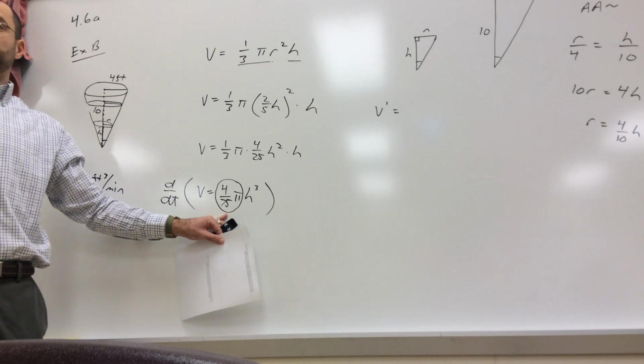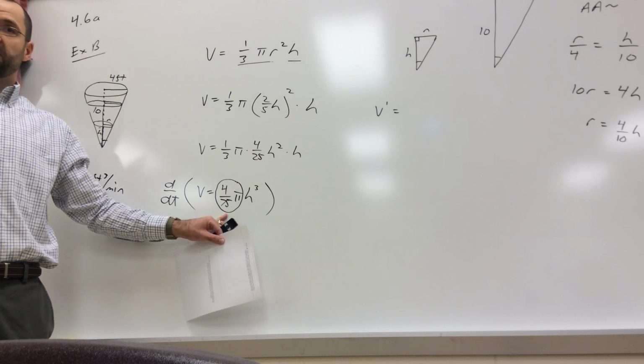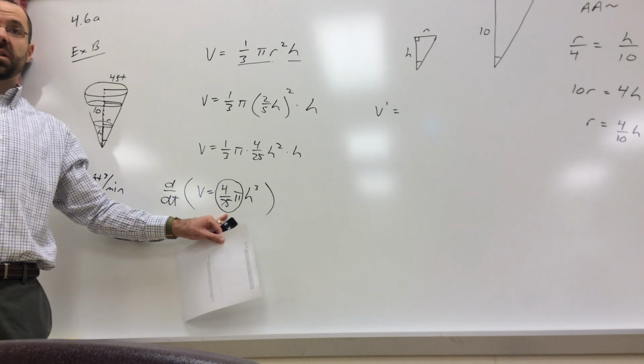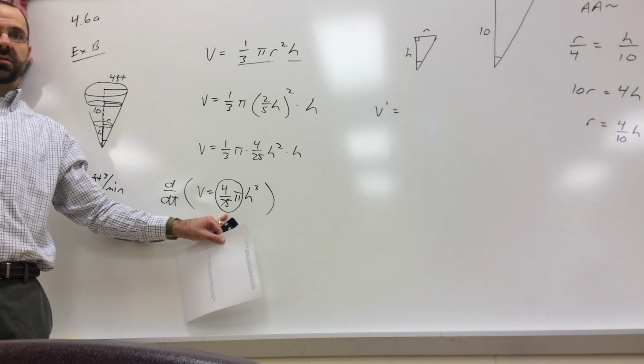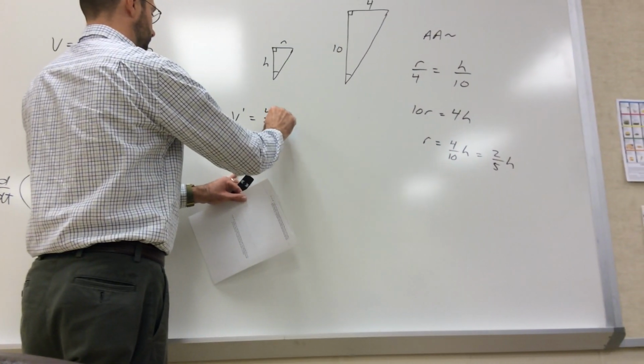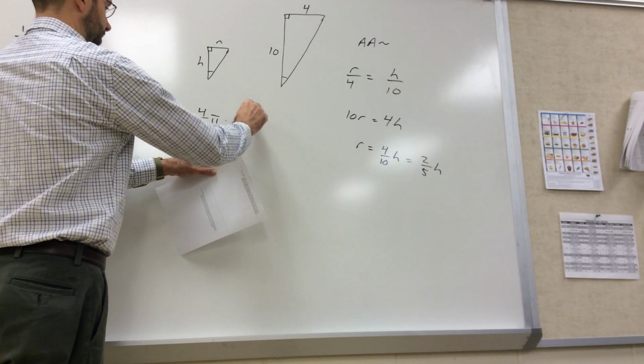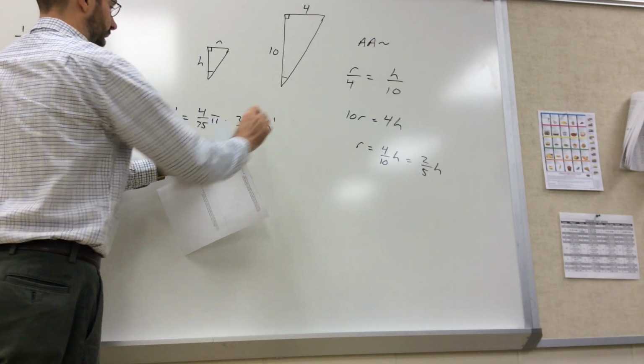So that's nice because it comes out in front of the derivative. It just carries down. Remember, the derivative of a constant times a function is just the constant times the derivative. So I can just carry down the 4/75 pi. And then the derivative of h cubed is 3h squared times h prime.